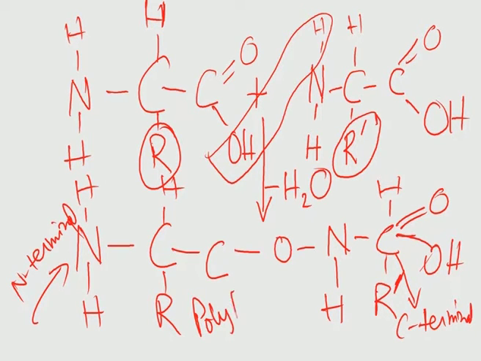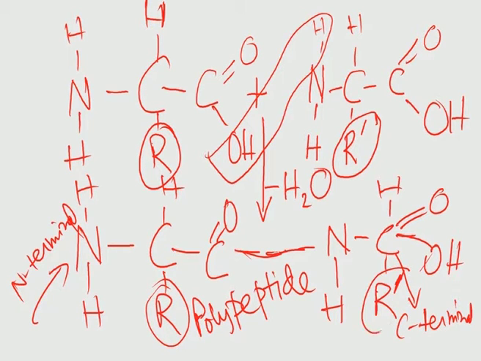So, essentially, a protein is nothing but a polypeptide chain. Depending on whether you have R prime, R double prime, or different organic radicals attached, a protein molecule has a different amino acid sequence, and therefore 2 protein molecules will certainly be different.